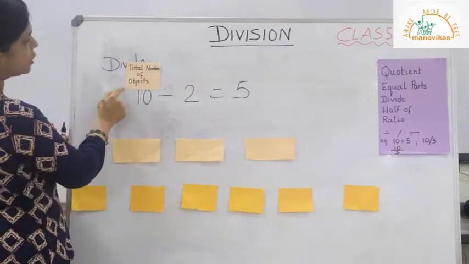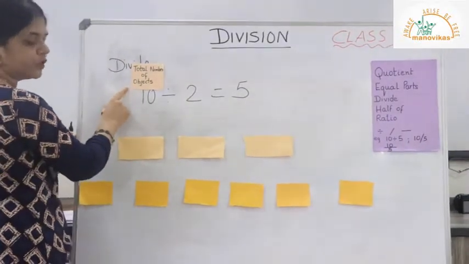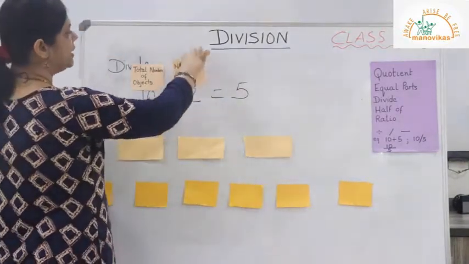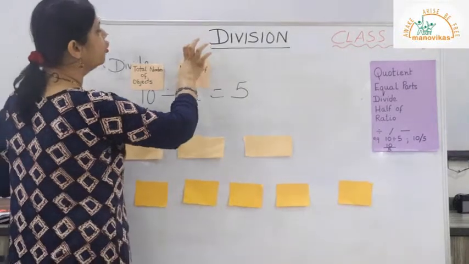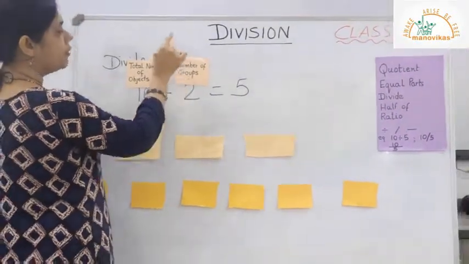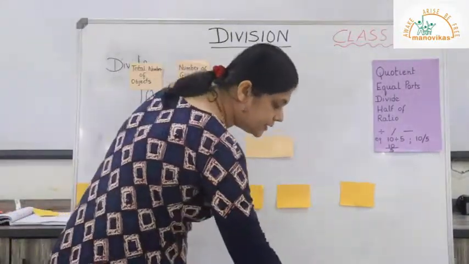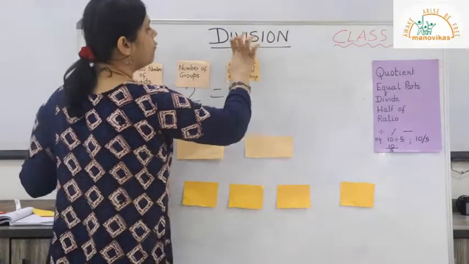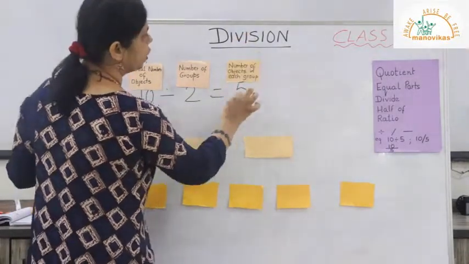So 10 is the total number of objects. The second number here by which you divide is the number of groups. 2 refers to the number of groups. And the answer which you have got refers to the number of objects in each group.